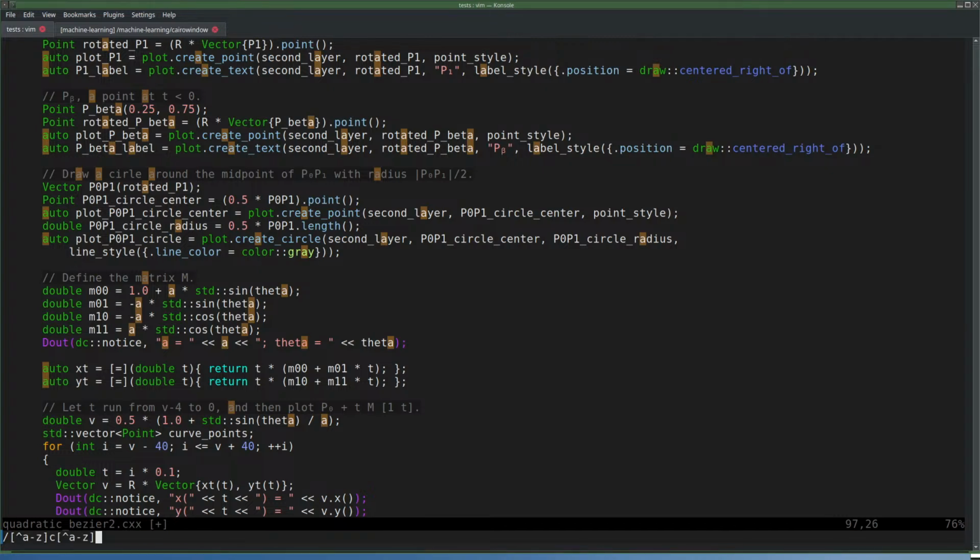So now I have to replace this with reciprocal of the square width, RSW.